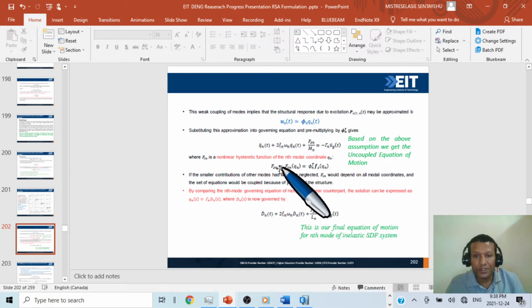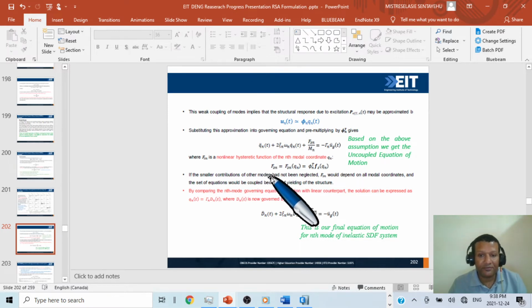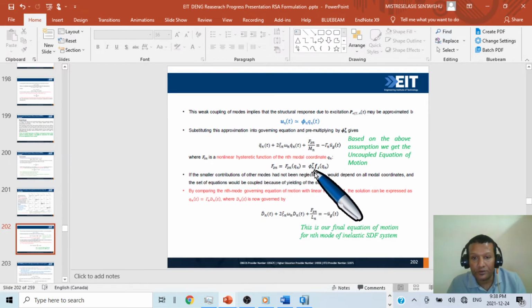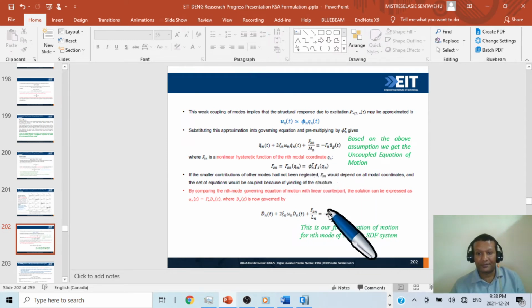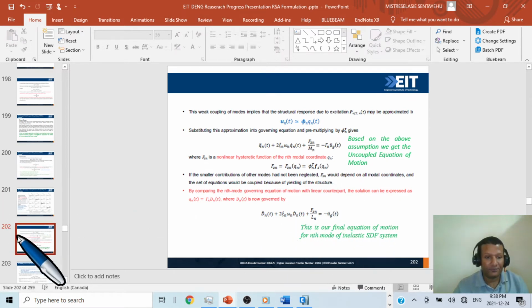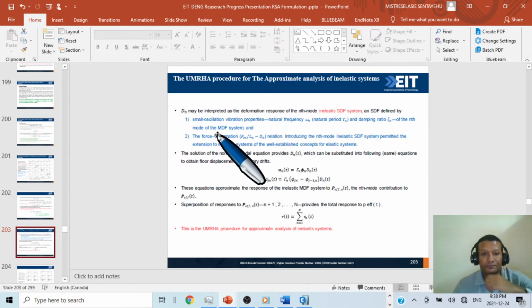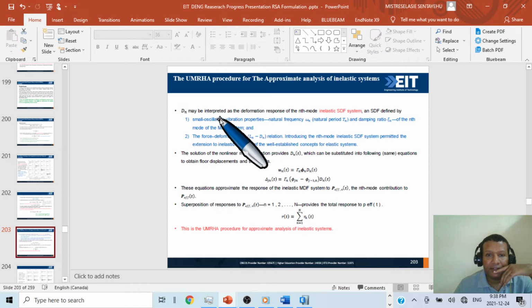So we know Fsn is for each mode. Now we have phi transpose times Fs for Qn. So this is the final equation of motion. Dn may be interpreted as the deformation response of the nth mode inelastic single degree of freedom system as defined by this.